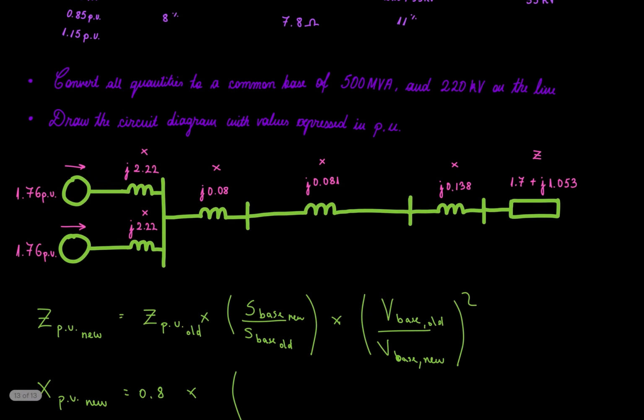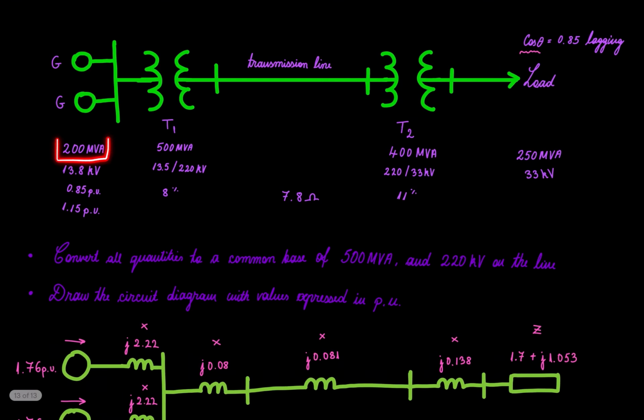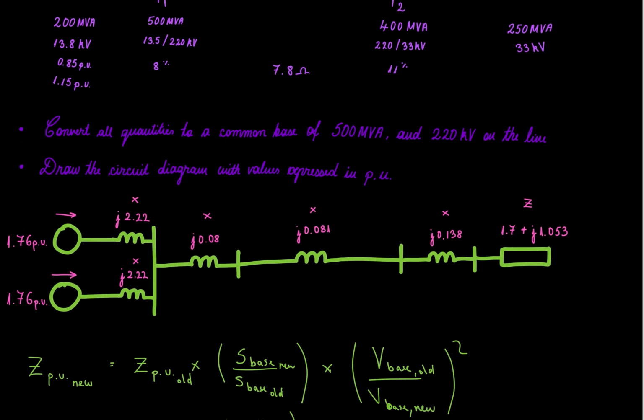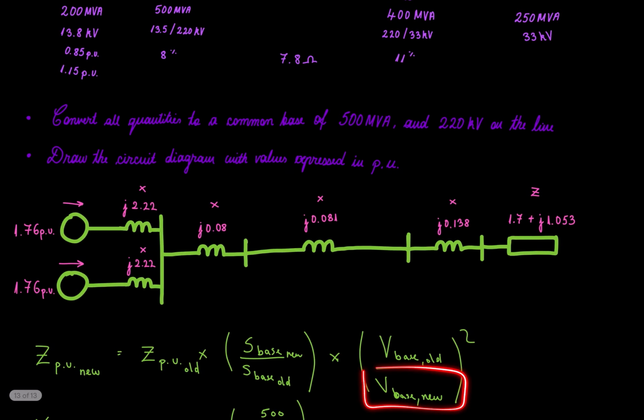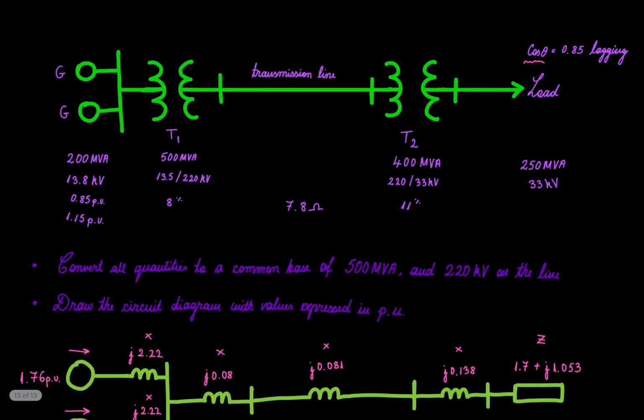What's the new base? 500. And what's the old base? The old base at the generator, 200. So 500 over 200 times by, now for voltage, what is the old base? 13.8, and the new base is going to be 13.5 in this region we're using.